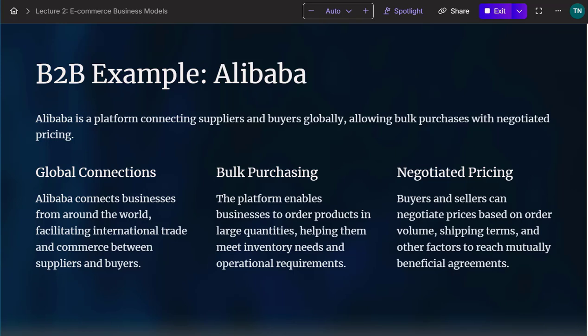This gives businesses more flexibility and control over their procurement process compared to traditional B2B models. Alibaba's global reach and negotiated pricing models are key advantages that have made it a dominant player in the B2B e-commerce space. So the three keys about Alibaba are global connection, bulk purchasing, and negotiated pricing.